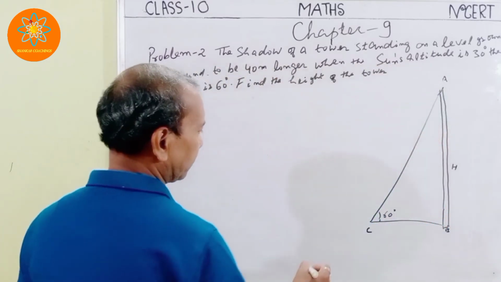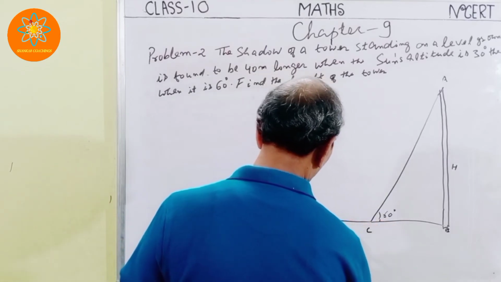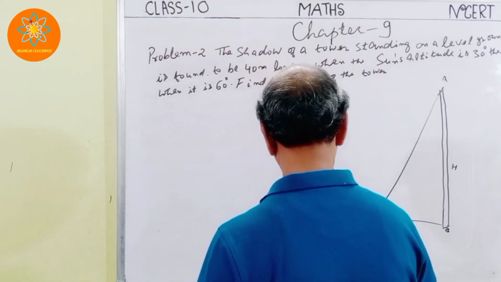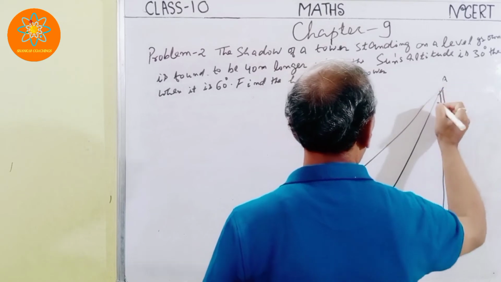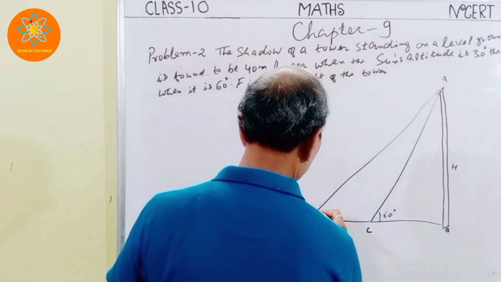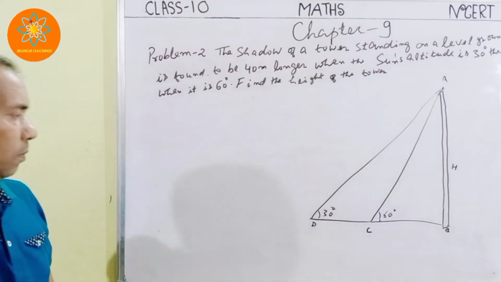Come to one more point, that is D. And what is the value of this D? This D is given. Let's suppose this value is 30 degree.